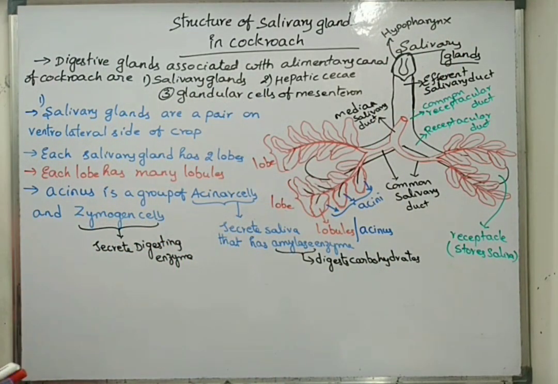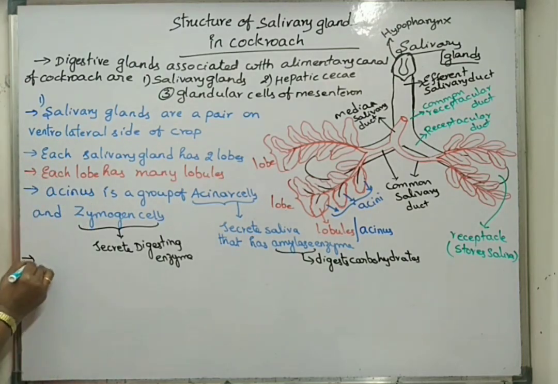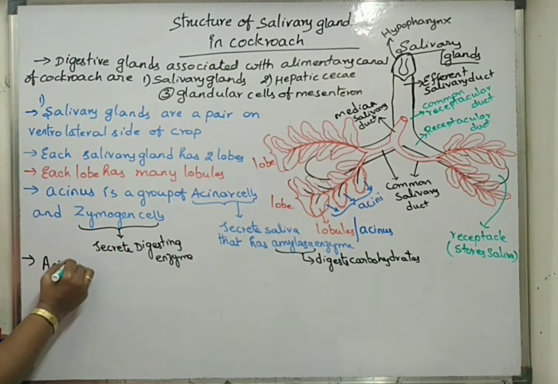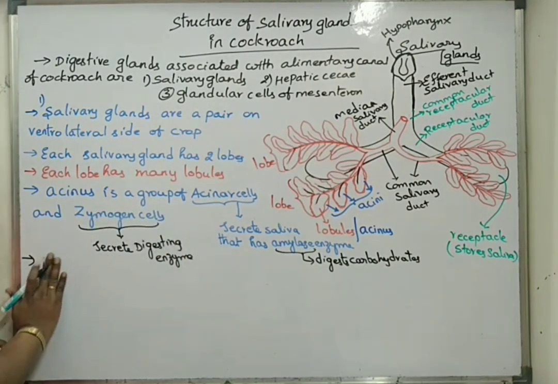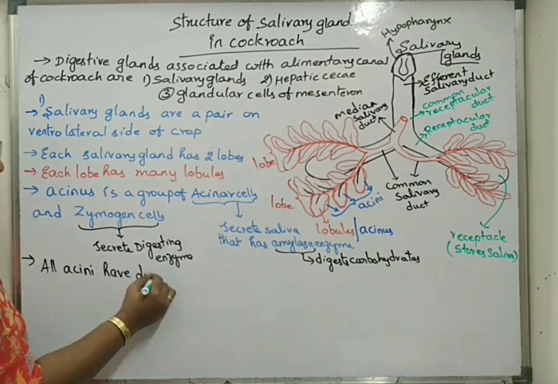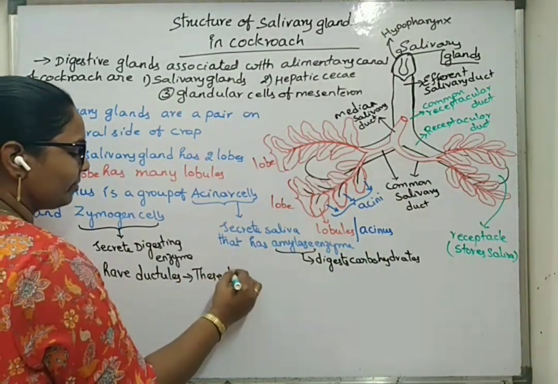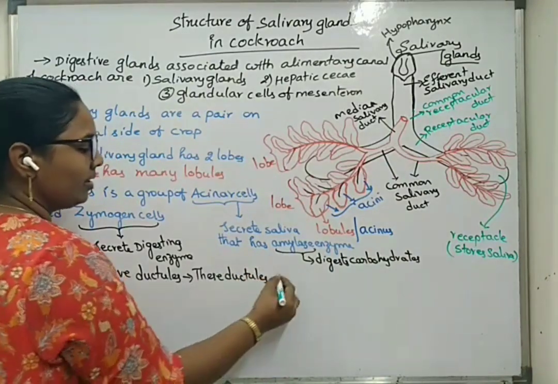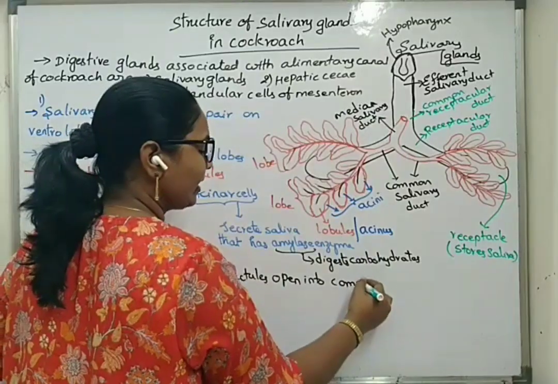You'll write some of the points related to that. Here we have written about acinus. So acinus is a group of acinar cells and zymogen cells that we have written here. All acini have ductules. These ductules open into common salivary duct.